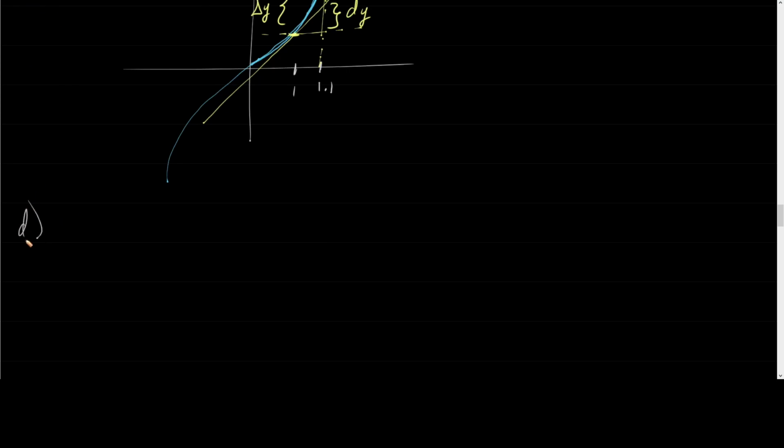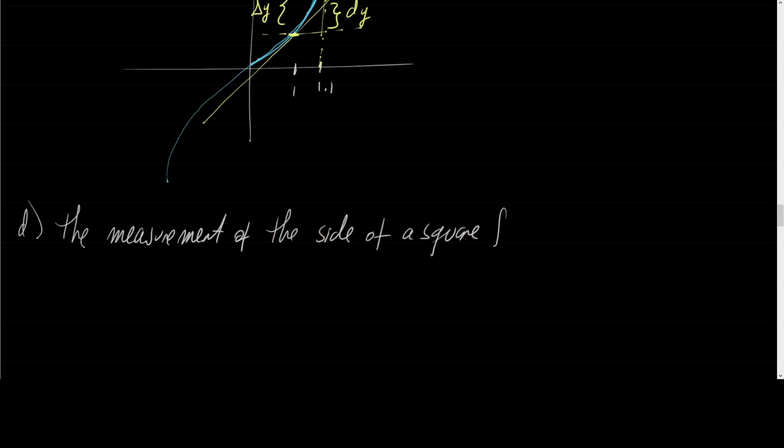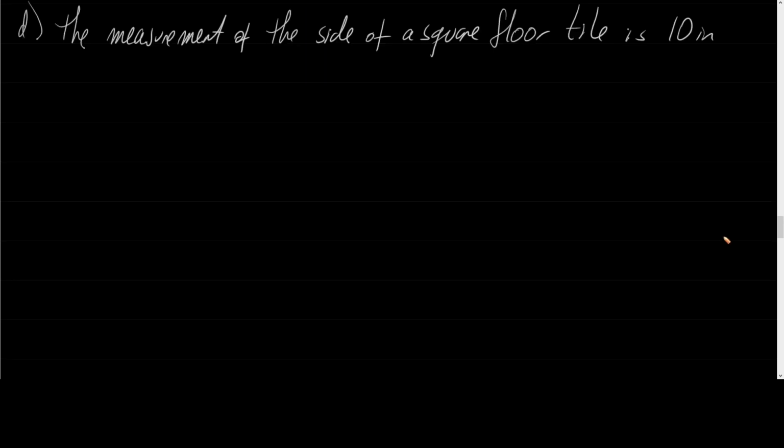D. The measurement of the side of a square floor tile is 10 inches, with a possible error of 1/32 of an inch.